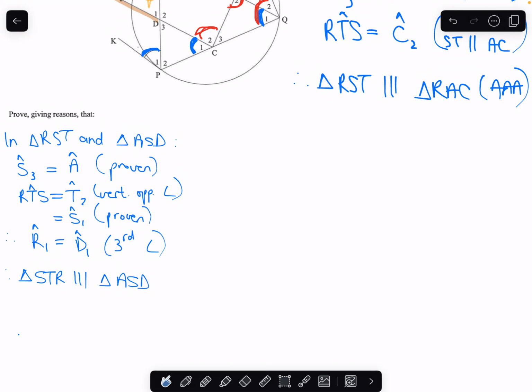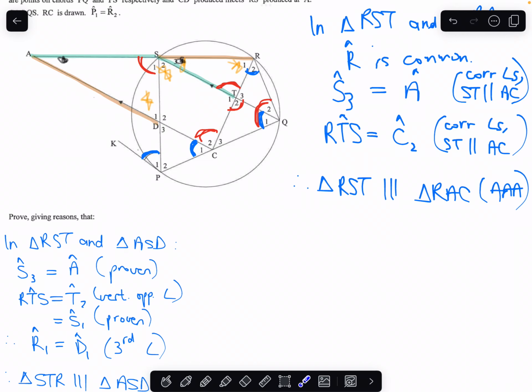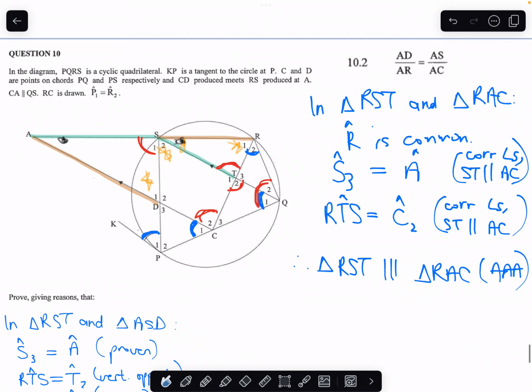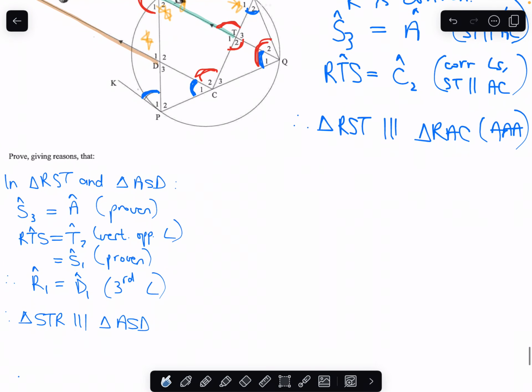Okay, let's go. Now the ones we really care about are the ones that have RS and RT, because that's common to both of them. Well, so is ST, but why we care about RS and RT is because in the first one, what are we trying to find? We're trying to find the ones that have AR. AD is going to come from the second triangle.